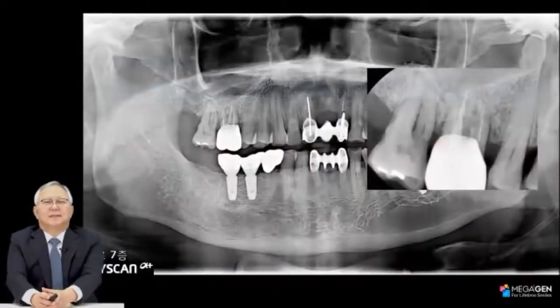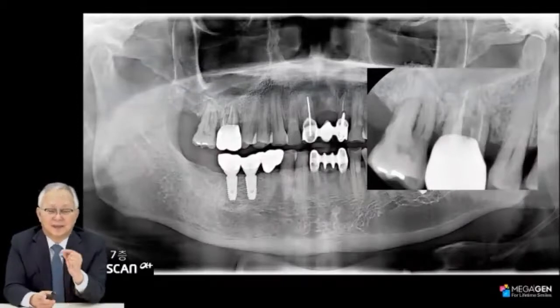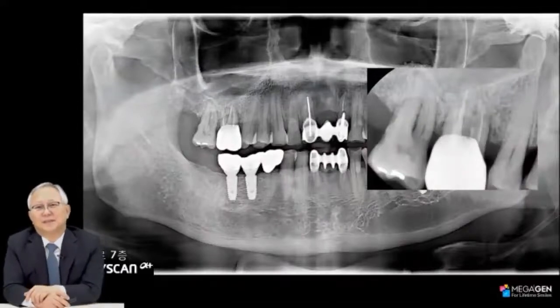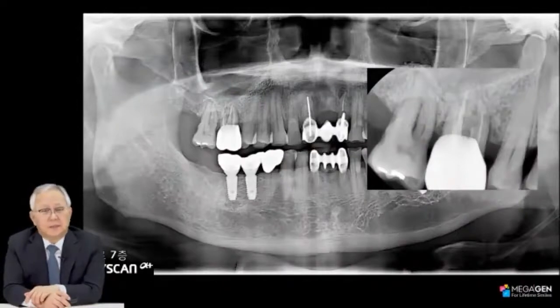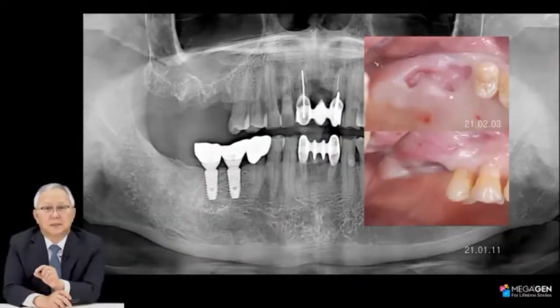Okay, I will show you 4 or 5 cases, but the level of difficulty is a bit different. Look at this case. Numbers 16 and 17 were seriously damaged with periodontitis, and I extracted and waited some weeks.